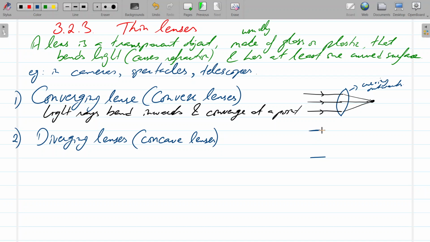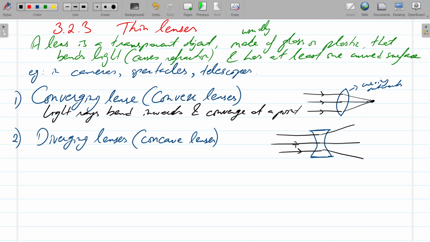Let me just make it a bit broader so it's easier to illustrate. Like that. Similarly, this light ray coming in from the center is going to pass straight through. Then these other two light rays coming in, because it's a diverging lens, are going to move away, so they bend outwards.